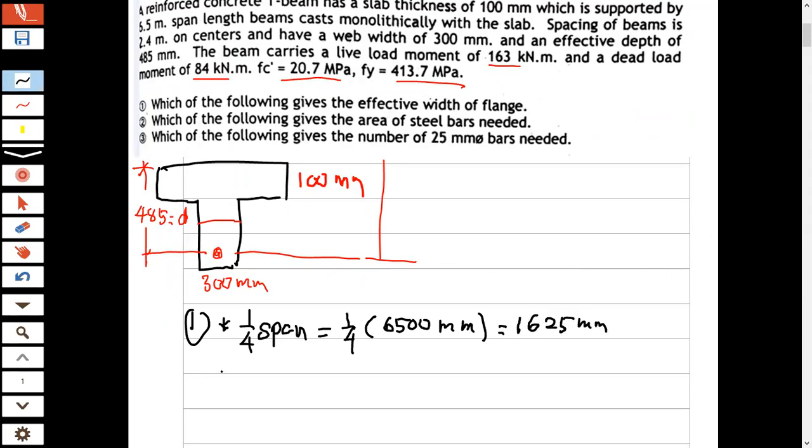Okay. Second condition, b prime plus 16t. B prime, which is the width of the web, equals 300, plus 16 times the thickness of the slab, which is 100 millimeters. You got 1,900 millimeters.